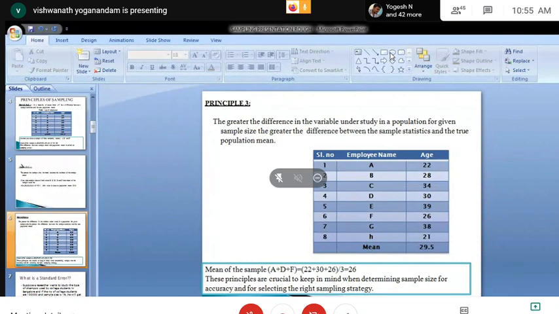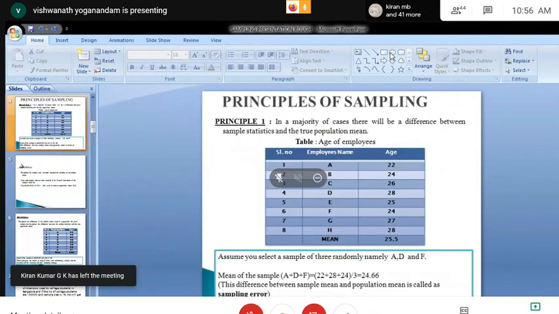Understand these three principles clearly. Keep them in mind when determining the sample size for accuracy and for selecting the right sampling strategy. So all these three sampling rules are very important. Let us recap. First one is there is a difference between population mean and the sample mean. This is called sampling error.